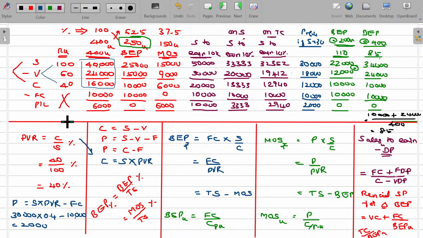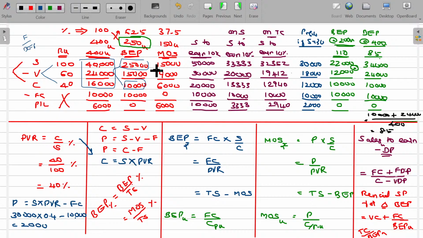PVR is nothing but contribution by sales, or PVR is nothing but fixed cost divided by BEP sales. This 10,000 is nothing but the fixed cost, and this is the BEP. The relationship is the same, so fixed cost divided by BEP is also PVR.